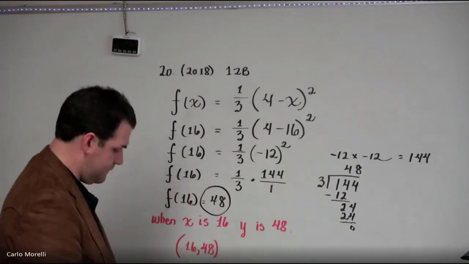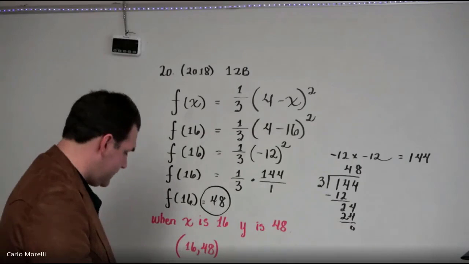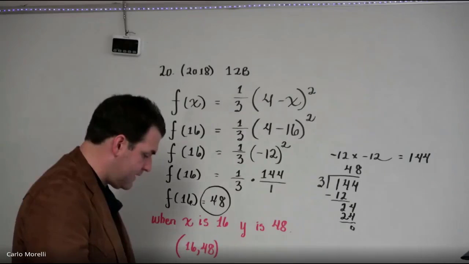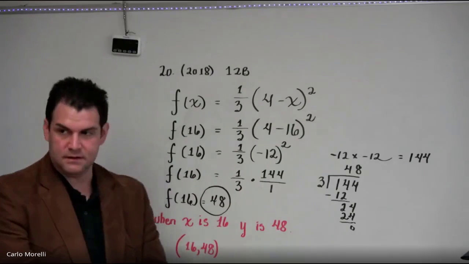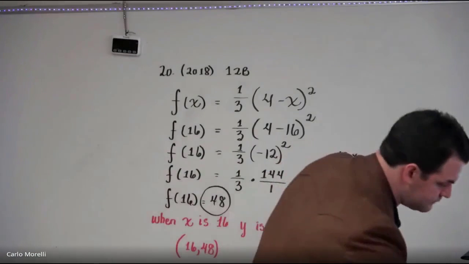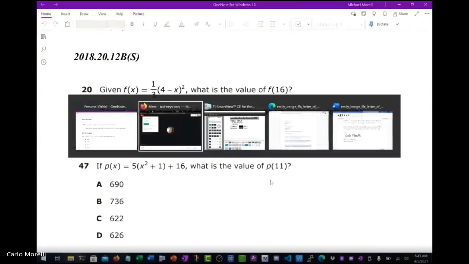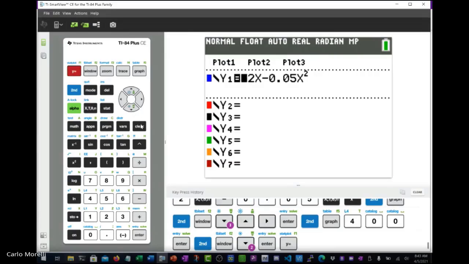Okay. Now, if you're uncomfortable with the paper and pencil mathematics here, notice we did not use a calculator. But if you're uncomfortable with this method, or you're trying to save time, you can go to your calculator and go to y equals, clear out anything that's there, and type the original equation as it was given to us in the problem.